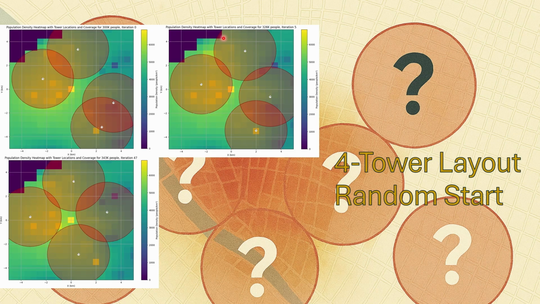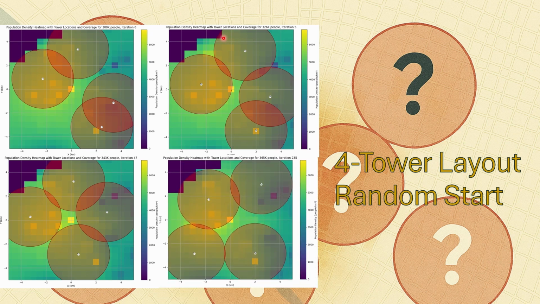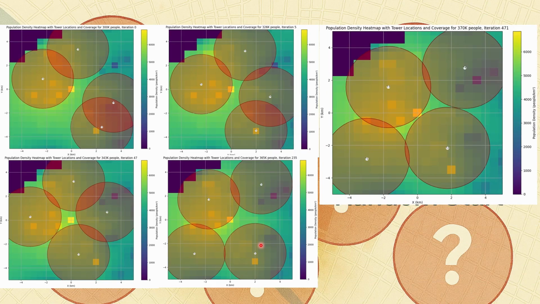Again, we're starting to spread out those towers, reduce the overlap, continuing on to iteration 235, 365,000 people now. And what I found interesting here is that you can start to see this diamond pattern emerge that's even more prevalent when we wound up at our final iteration at 471 after we reached stagnation, and we covered 370,000 people.